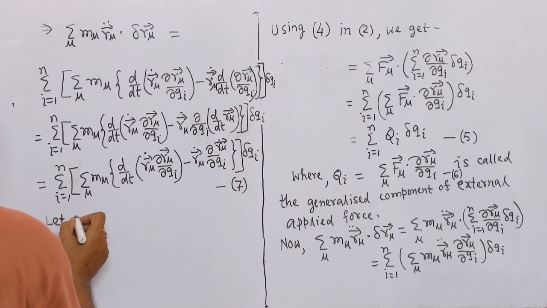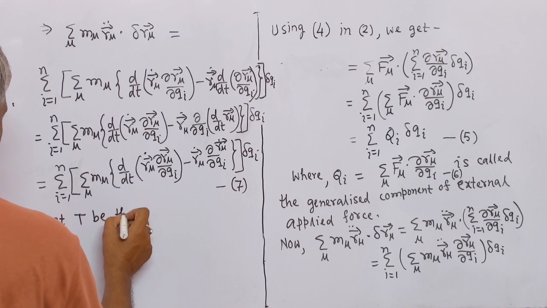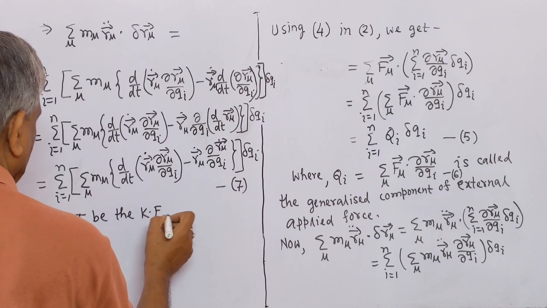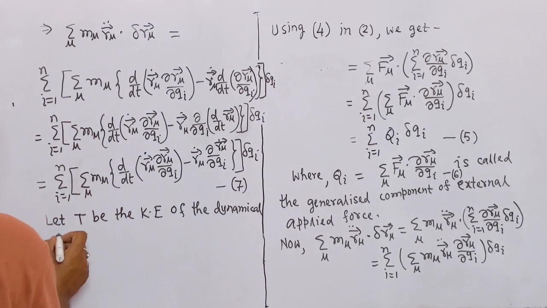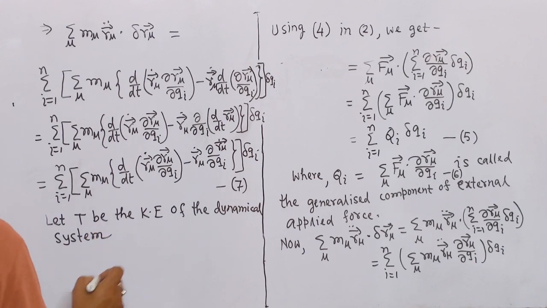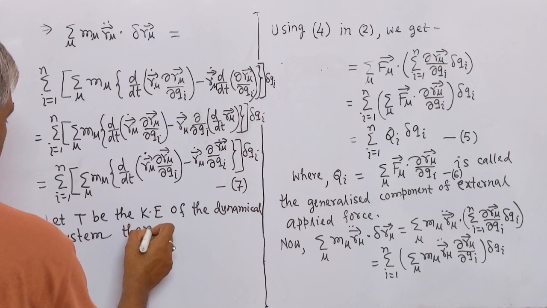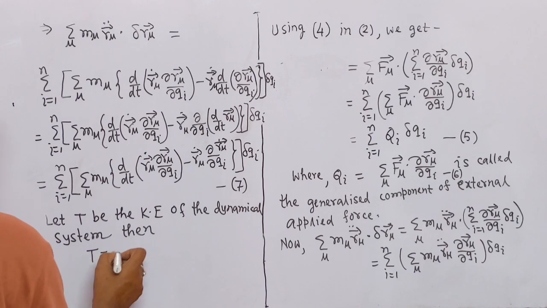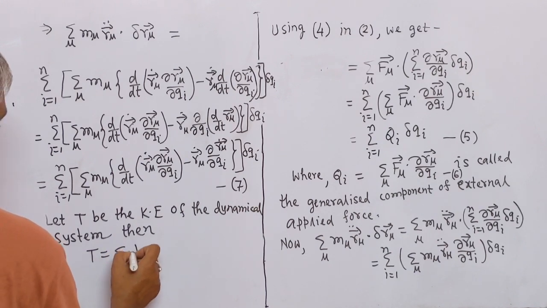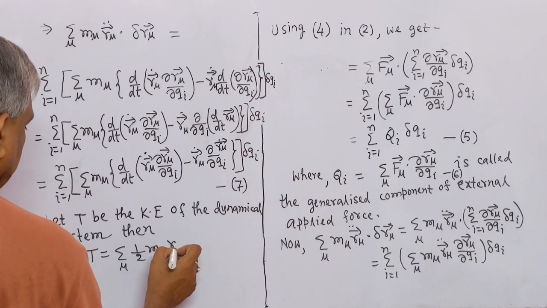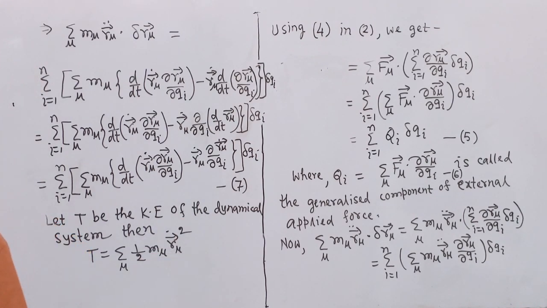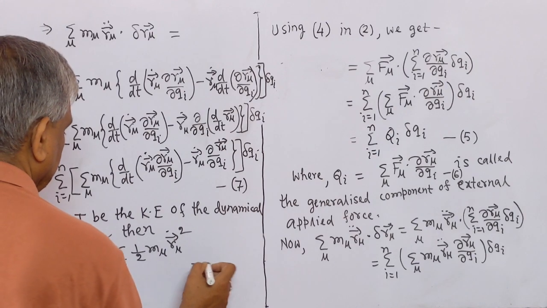Let T be the kinetic energy of the dynamical system, then T equal to sum over mu of half a_mu, mass into velocity squared. This is number 8.